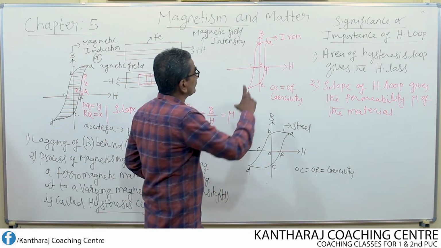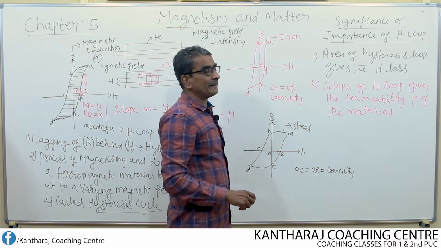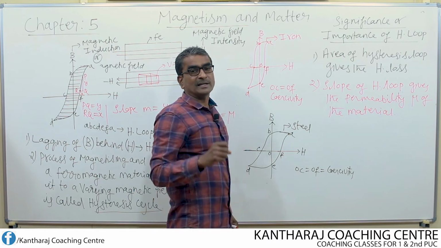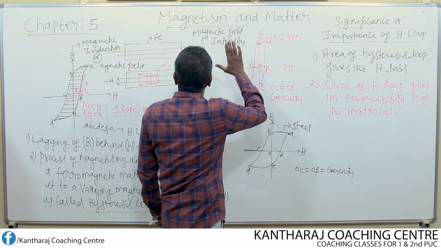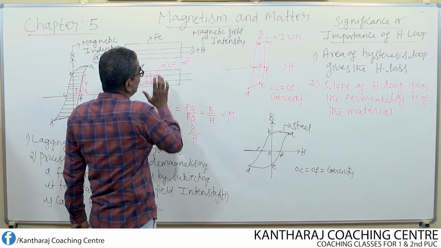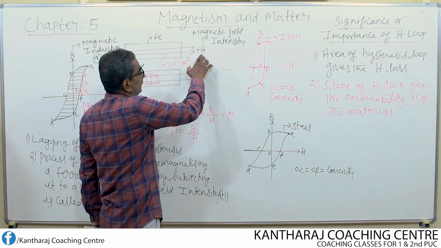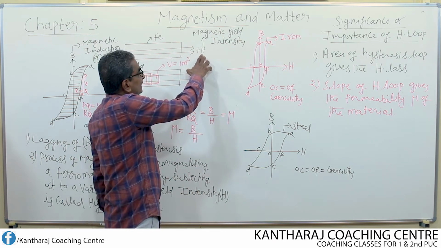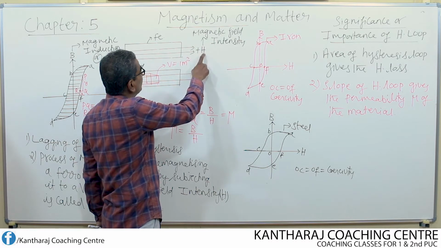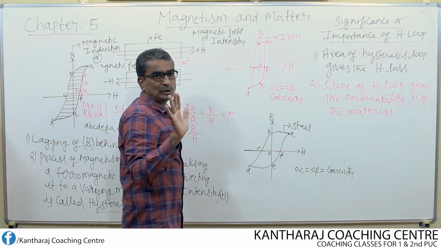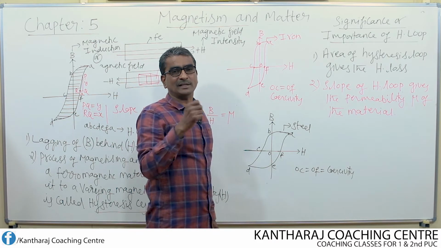Not only that, you just look into this. What is this OB? OB is nothing but the retentivity. Retentivity means the amount of magnetization retained by the material even if H is made equal to 0. When we remove the magnetic field intensity, that means when H becomes equal to 0, the specimen is not going to demagnetize completely, it retains some amount of magnetism, that is nothing but retentivity.